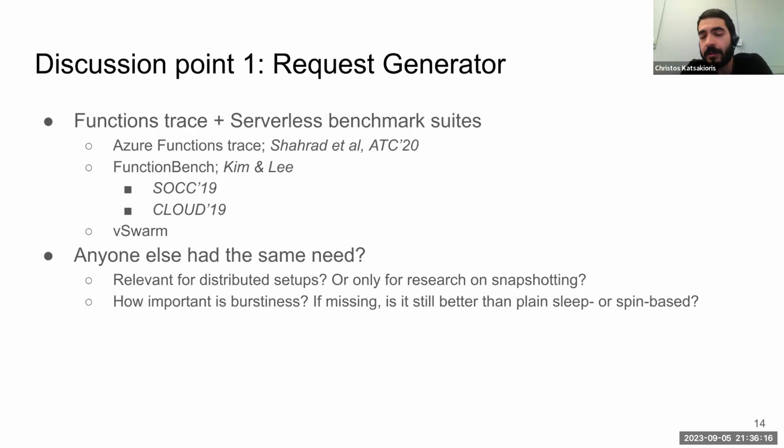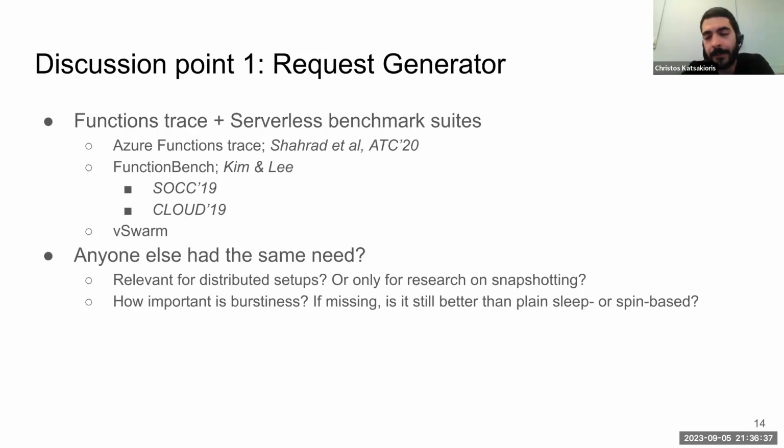Is our need for a request generator with realistic workloads that actually have some memory patterns a need that only we have for snapshotting research, or are there any other topics that would be interested in such a request generator?